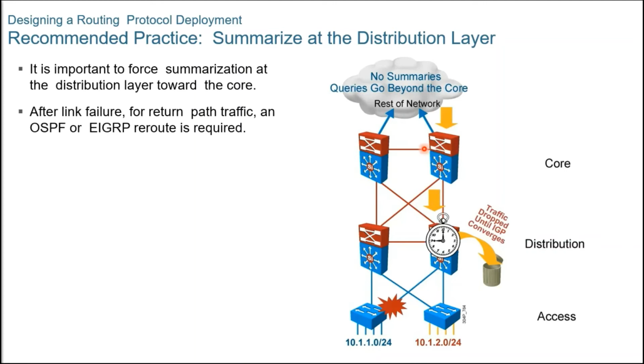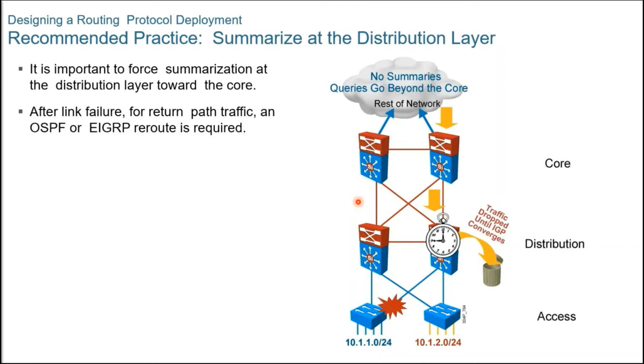WAN connectivity and remote access points should be summarized towards the core also. For example, remote subnets could be summarized into major networks, and only those major networks would be advertised to the core.